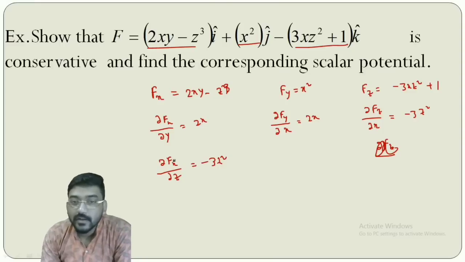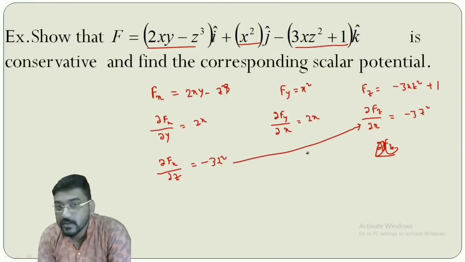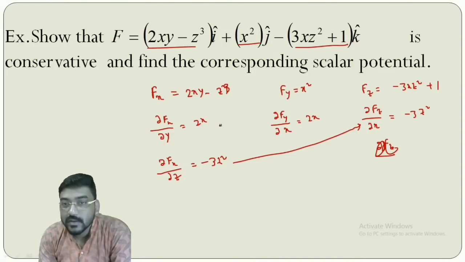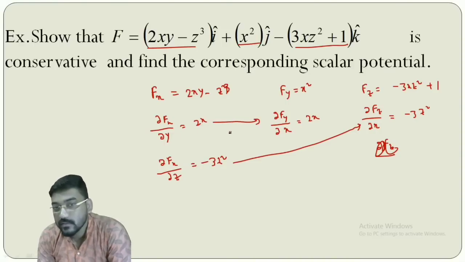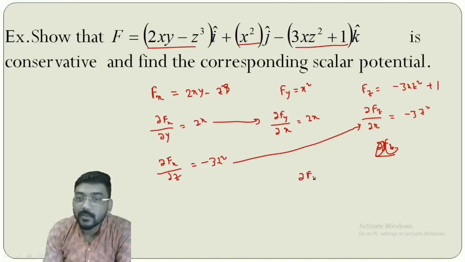So you can find that del fx del z is same as del fz del x. Similarly, del fx del y is same as del fy del x. So these relations hold good.